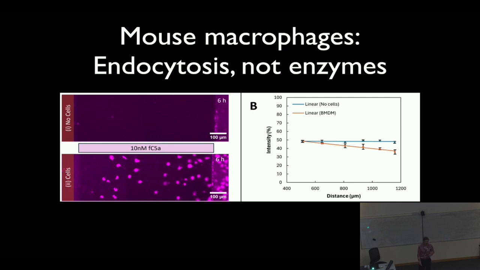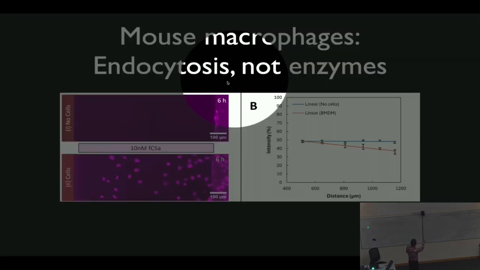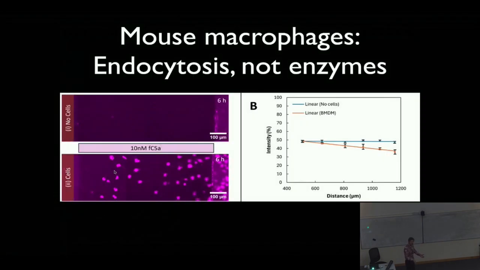But it turns out that mouse macrophages don't have carboxypeptidase. It's a human-specific phenomenon. Carboxypeptidase M is basically not expressed in mouse macrophages. So what the ones we're looking at are doing is they're actually endocytosing the C5a.